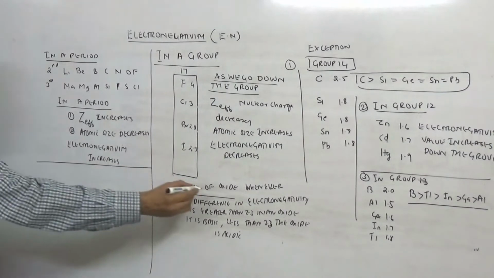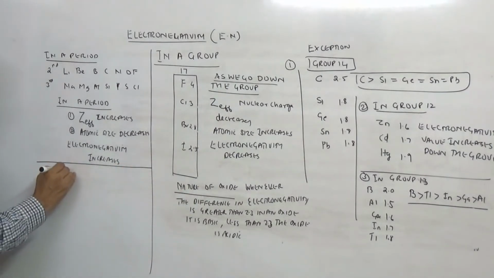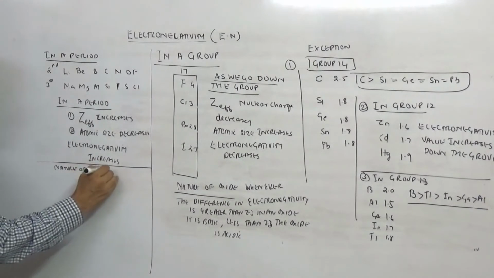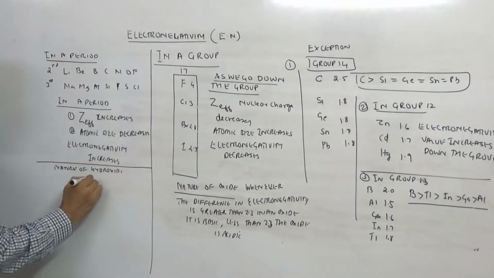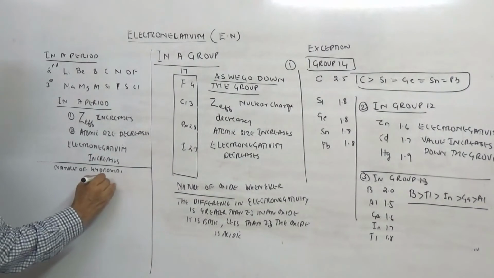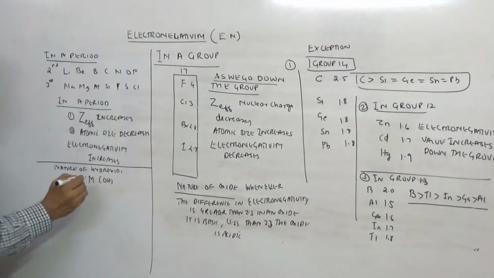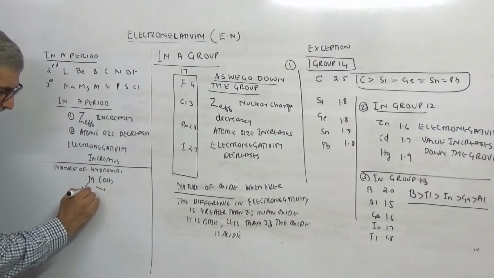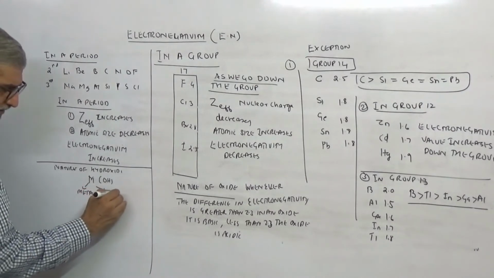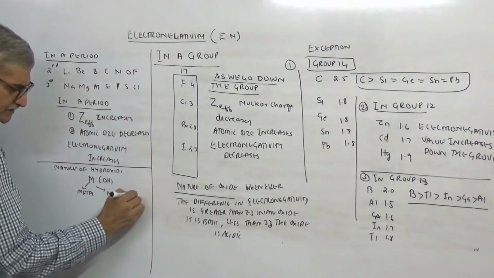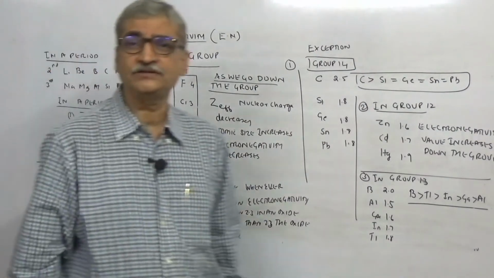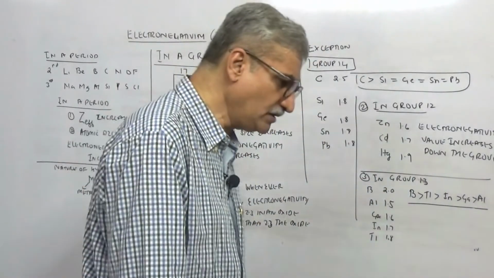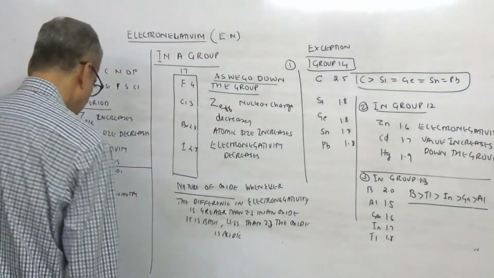Now this was the oxide; next, the nature of hydroxide. Hydroxide we write as MOH. This M can be a metal or a non-metal. The only difference is when it is a non-metal we call it an oxyacid, and when it is a metal we call it a hydroxide. So here also there is a rule. What does the rule say?